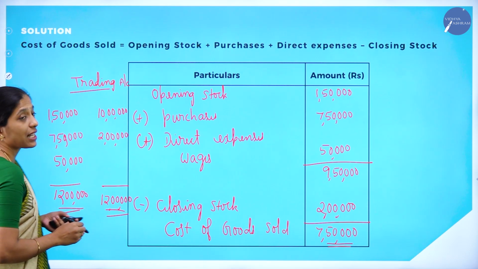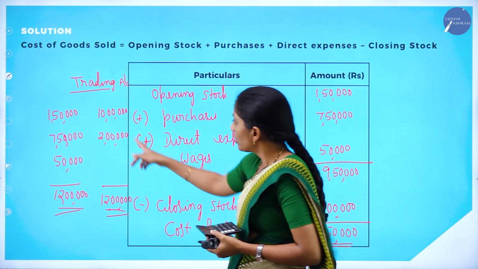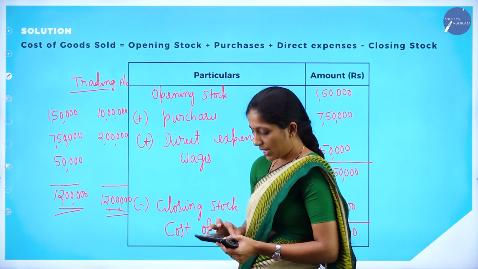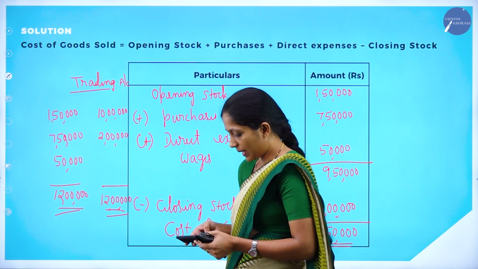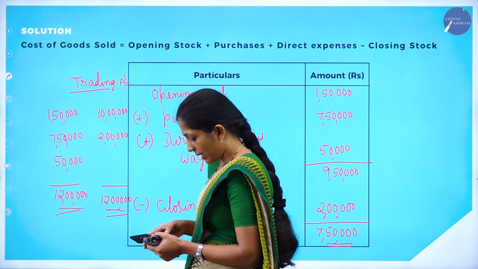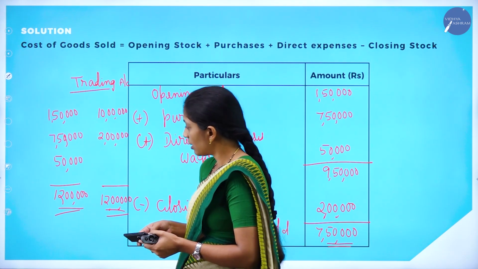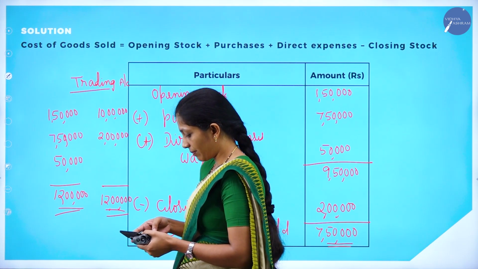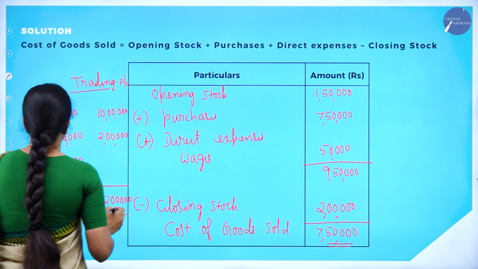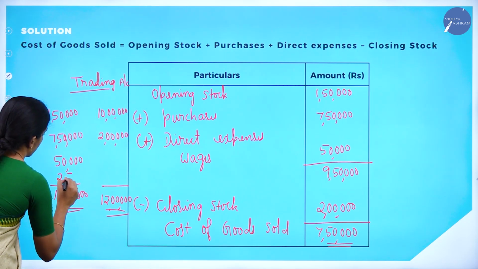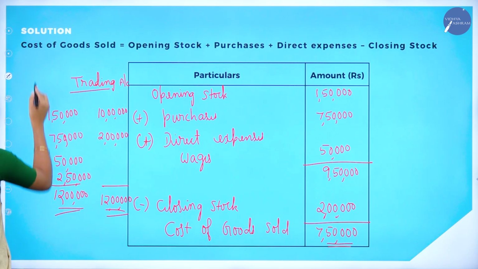So we shall calculate once again. 12 lakh minus 1,50,000 minus 7,50,000 minus 50,000. So your answer is 2,50,000. So 2,50,000 is the gross profit.